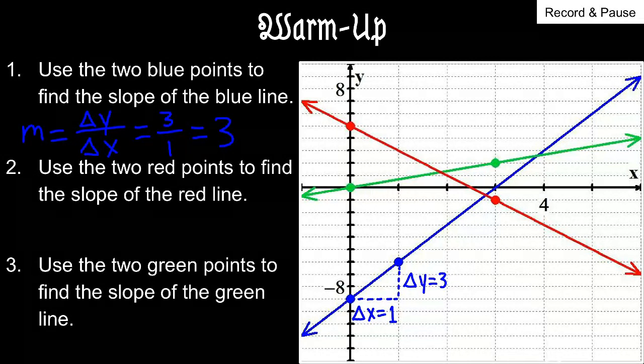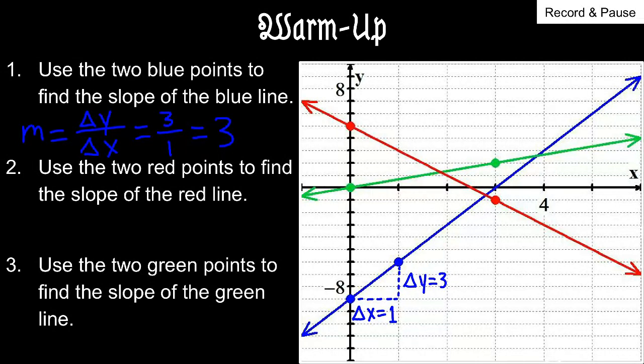All right, our second line, the 2 red points, we're going to use those to find the slope. So here we usually start with the point on the left and go to the point on the right. And because we're doing that, our delta y is going to be down.